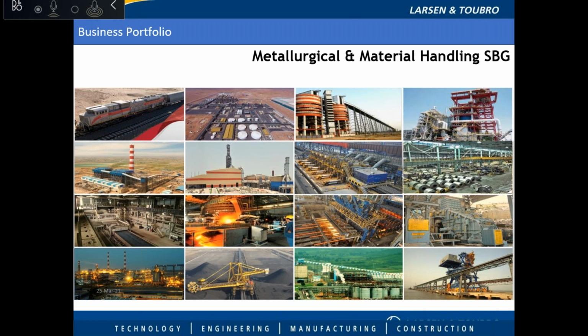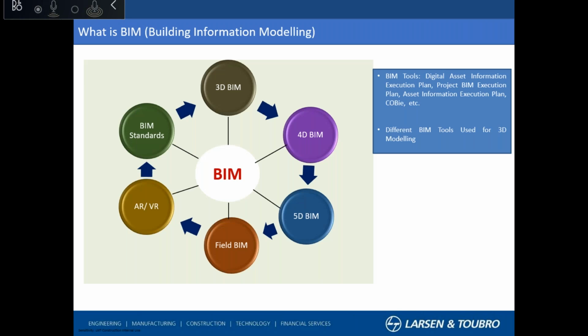Now I'm coming to my BIM implementation portion. Rahul already told you about the process and features or functionality of BIM. Now I will explain how we are implementing this in our business and projects. Five years back, when I started my BIM implementation journey, in real life projects we had BIM standards, 3D, 4D, 5D, field BIM and virtual reality.